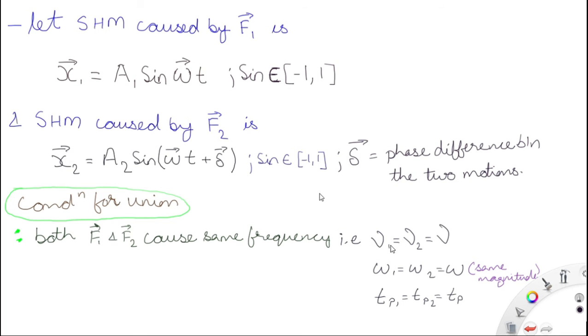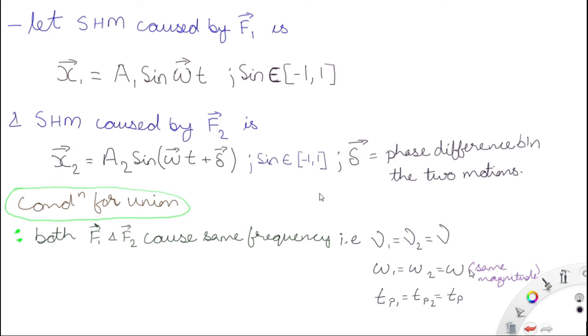So nu should be the same, meaning frequency in hertz, 1 by second, should be the same. If this is the same, then omega is also the same, because omega is equal to 2 pi nu.